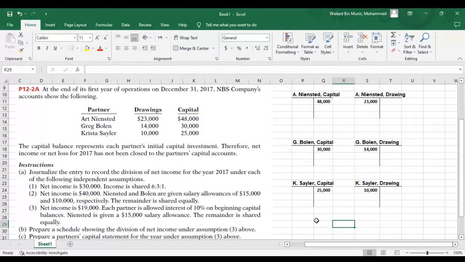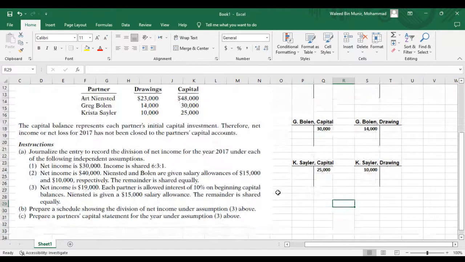Now, the instruction in this question says: journalize the entry to record the division of net income for the year 2017 under each of the following independent assumptions. Now, understand, for part A, part 1 separately, net income is 30,000, right?